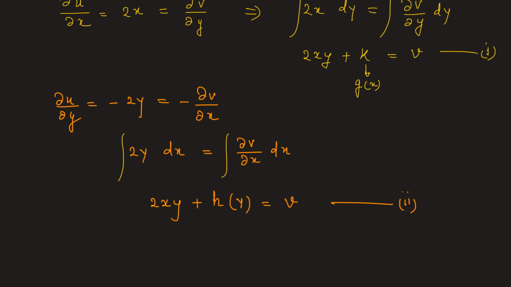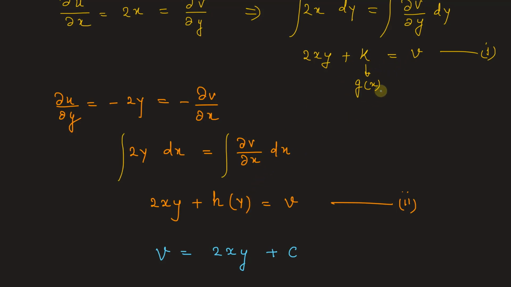Now if we compare equation number 1 and 2, we can write v is equal to 2xy plus some constant, let's say c. Because if we compare equation 1 with 2, in g of x there is no term which is only a function of x here, and in the first equation there is no term which is a function of y.